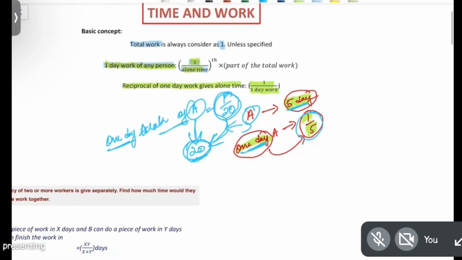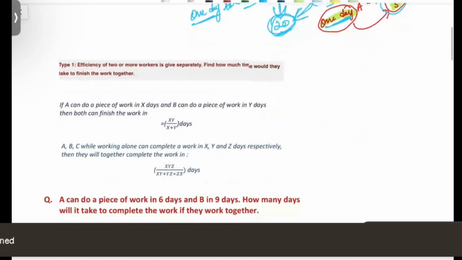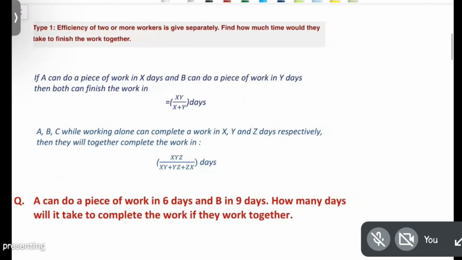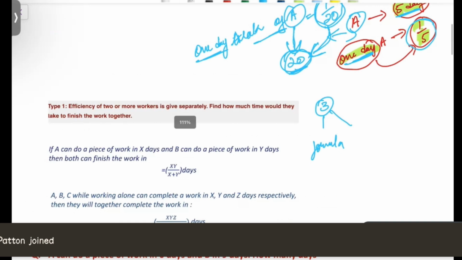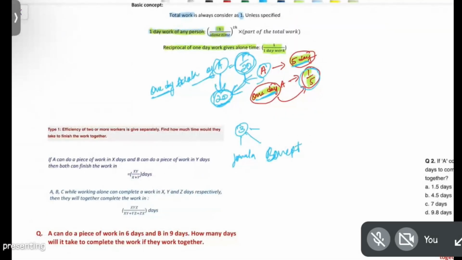I'll start with a simple question. This is formula based. I'll teach you three ways to solve. One will be formula based, the other is the one that we have done here, basic conceptual, and the other one I'll give you is logical.